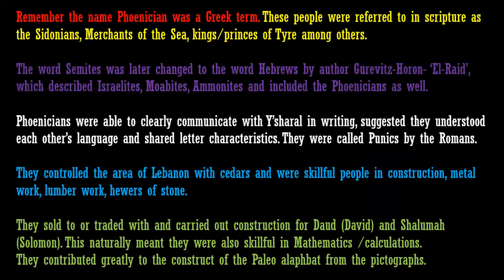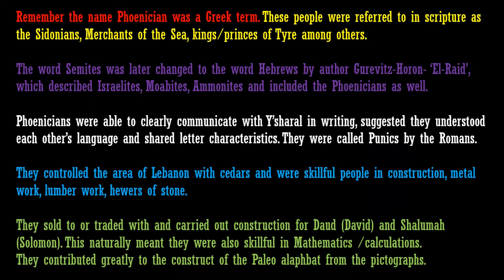Now, in recapping the previous lesson that we covered with the Aleph, we would have mentioned that the Paleo script is also referred to as the Paleo-Phoenician script. And Phoenician is actually a Greek term.